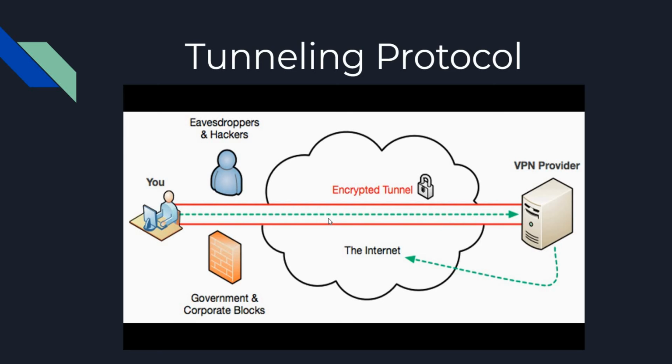So you protect yourself from government, corporations that try to harvest your data, and any hackers on the internet. And so your data goes from your device to a VPN provider's servers, and then the servers take your data without personal data and send it to the internet to be used however you intended for it to be used.